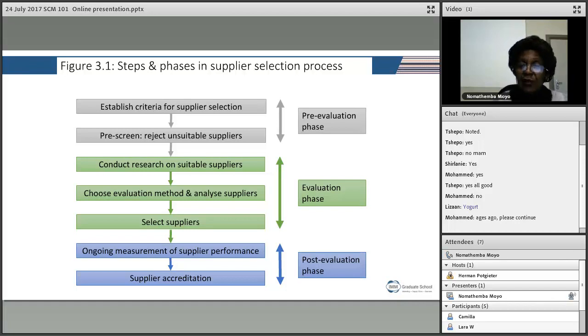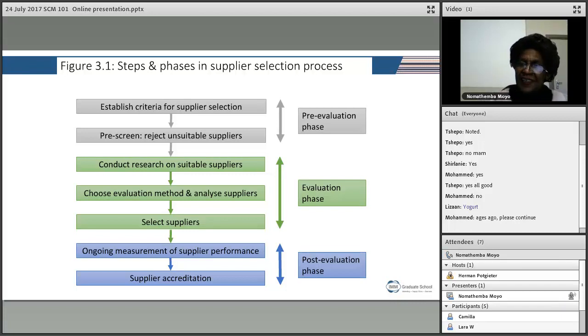Then, after you have the ones that remain, there's the evaluation phase. You conduct research on sustainable suppliers, the ones that you have remaining. Choose an evaluation method and analyze suppliers. Then select suppliers.